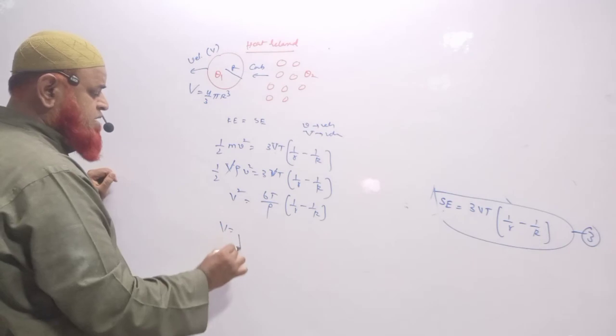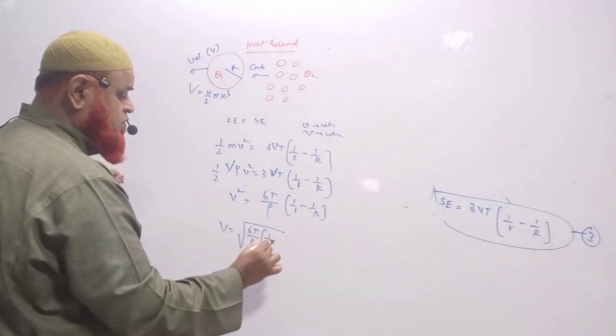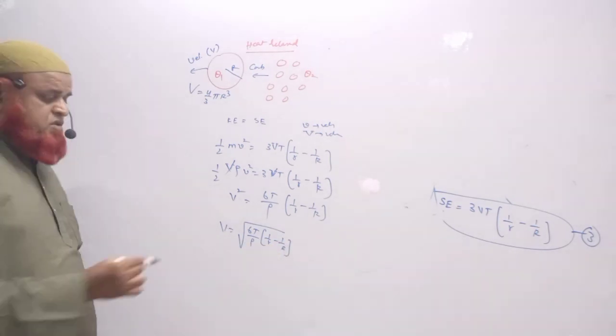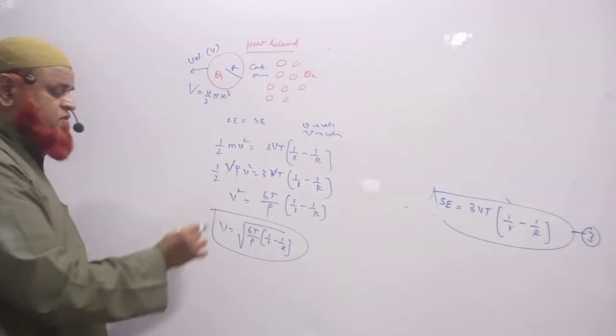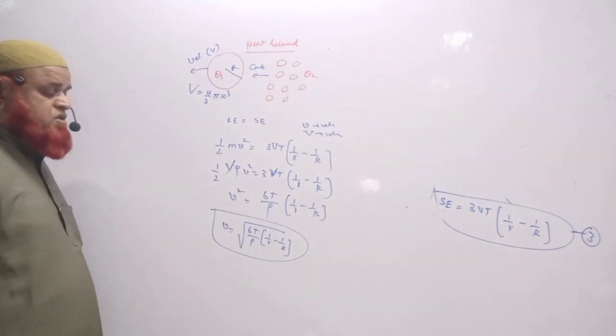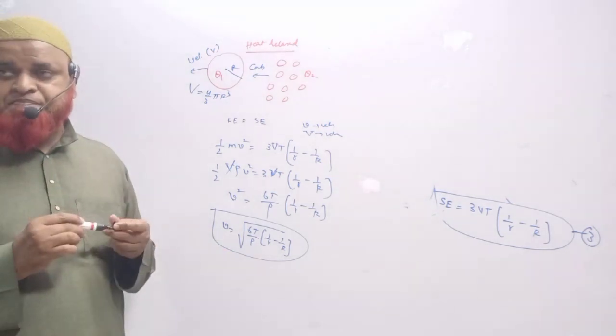Therefore v can be written as the square root of 6T by rho (1 by small r minus 1 by capital R). This is the formula to find the velocity, the velocity of the drop after combining the small drops.